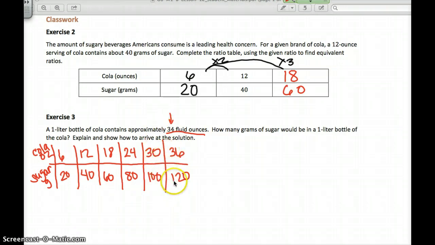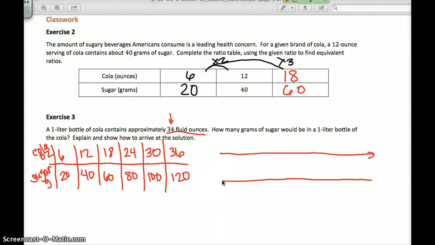So we're going to use another way to figure out ratios, and we're going to use a double number line diagram. What this looks like is we're going to draw 2 number lines. For this number line, we're going to use the cola.